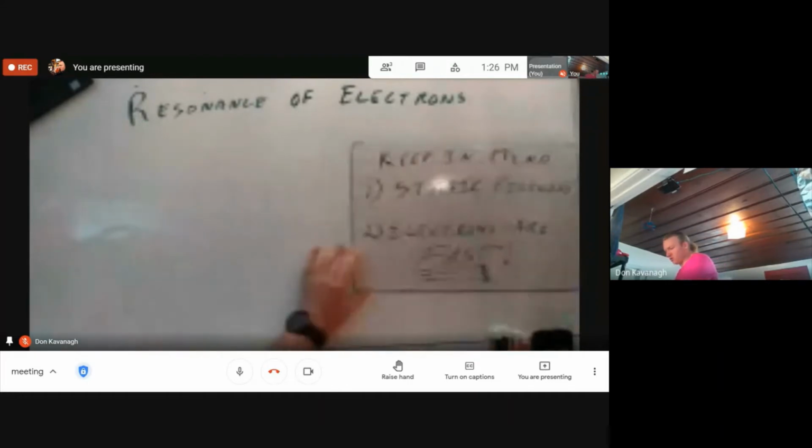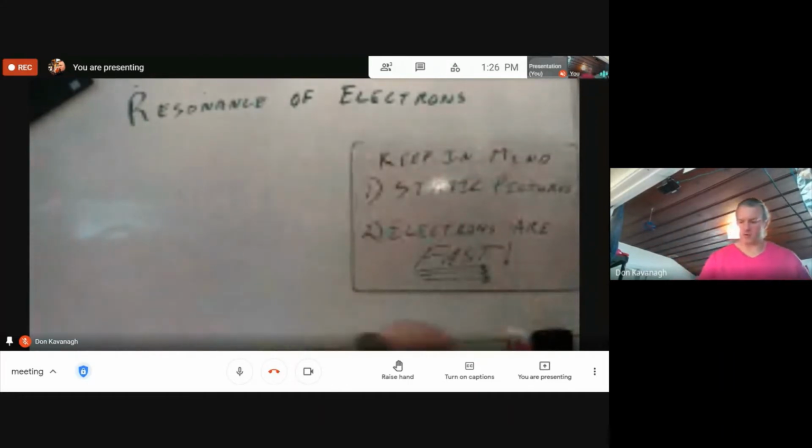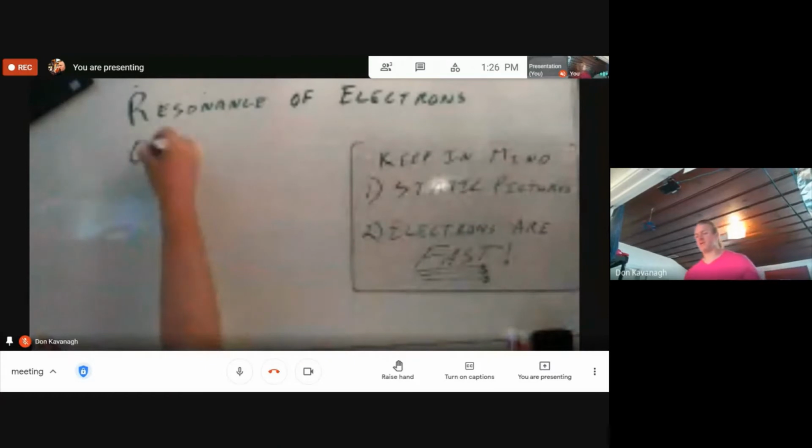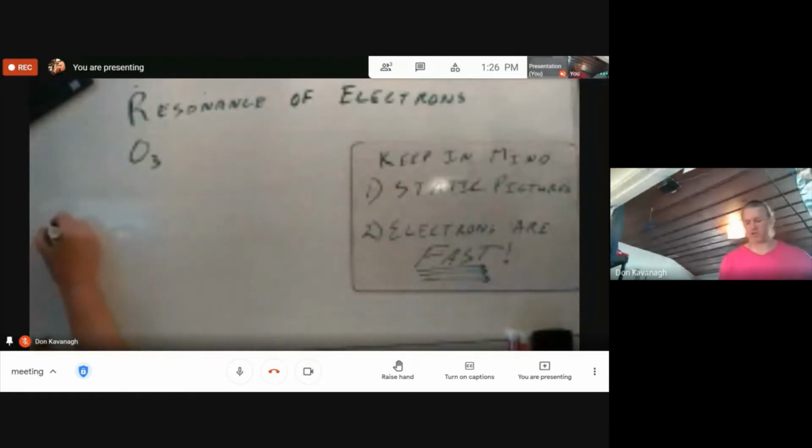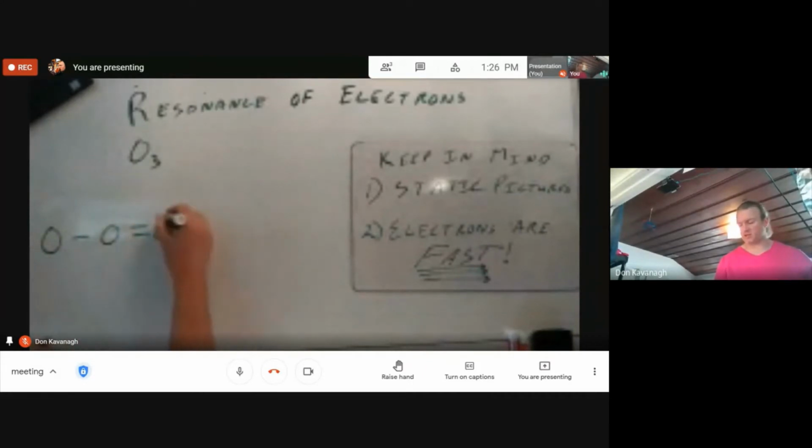A molecule, ozone, has a formula of O3. It has 18 electrons in its Lewis dot structure, and it's going to have some resonance structures here. Let's draw a good picture of ozone that has 18 electrons.